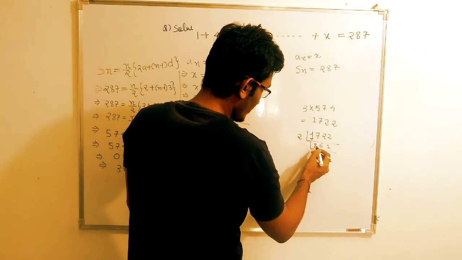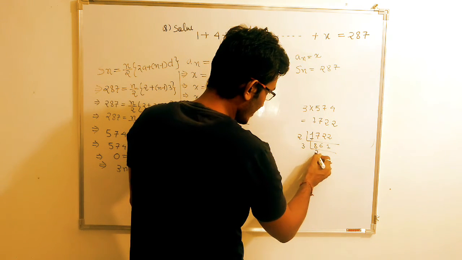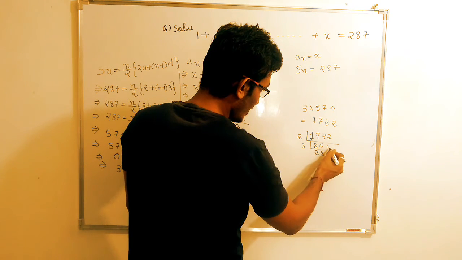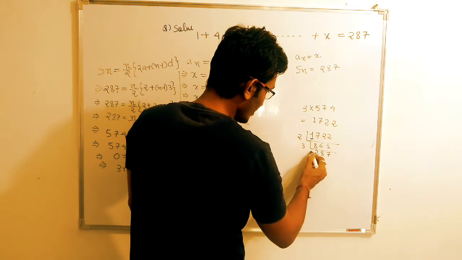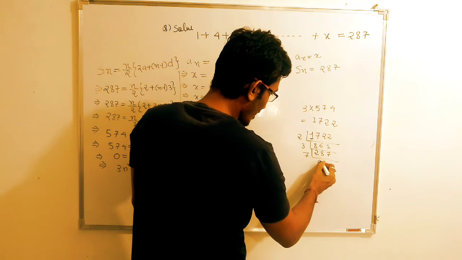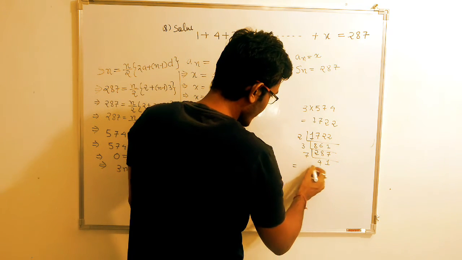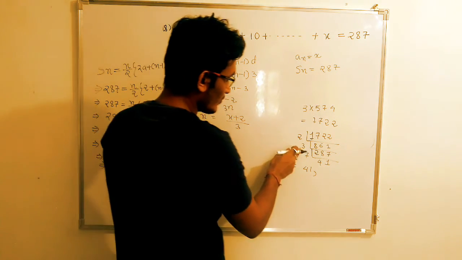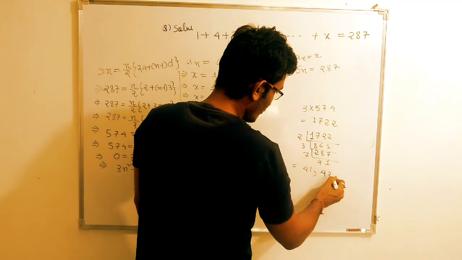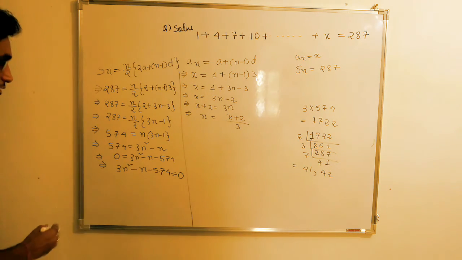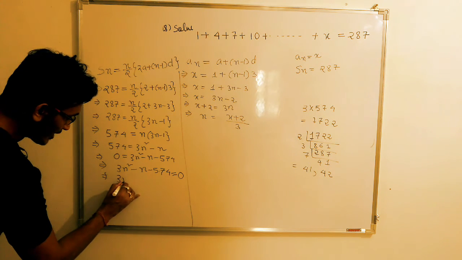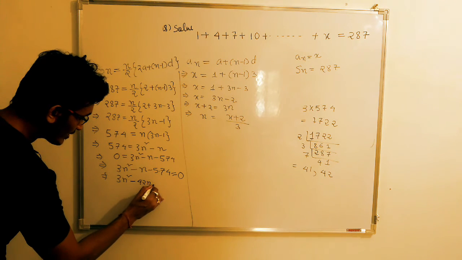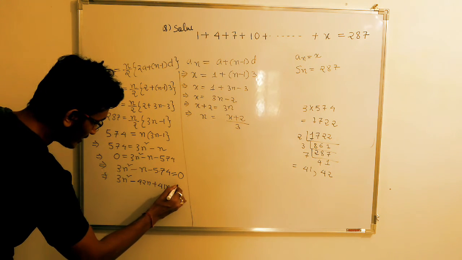So suppose we are taking 3: 3 2s are 6, 2 carry, 8 3s are 24, once again 2 carry, 21, 7 3s are 21, then 7, it's 4 times and 1 times. Now one factor is 41, then another one is 7 2s are 14, 14 3s are 42. So what are the factors? 42 and 41. So 3n square, it should be minus 42n plus 41n minus 574.